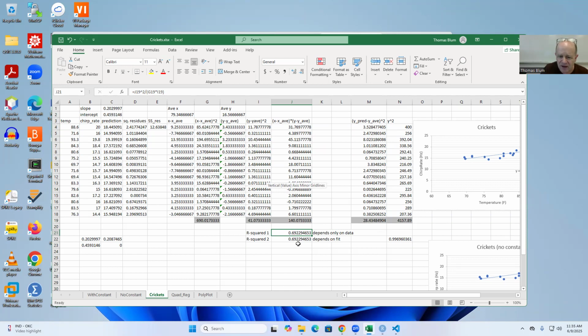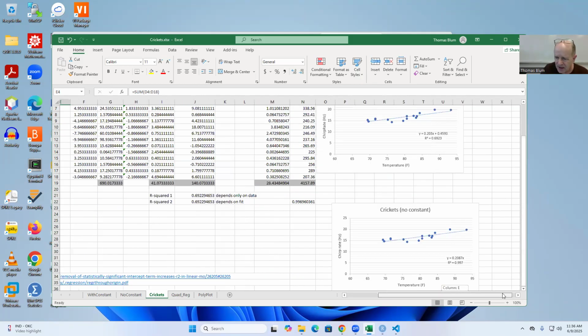So there are these two ways to get R-squared, and one of them has nothing to do with the prediction whatsoever, and then this one that clearly does involve the prediction.